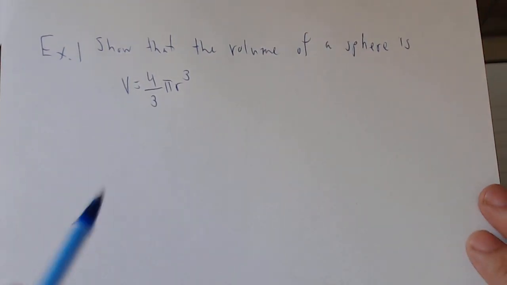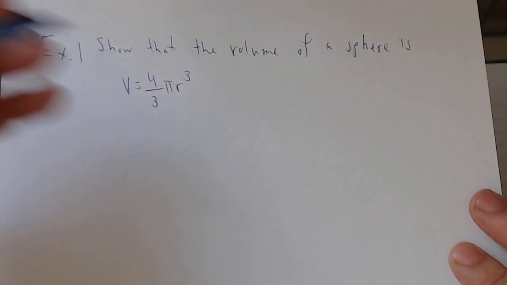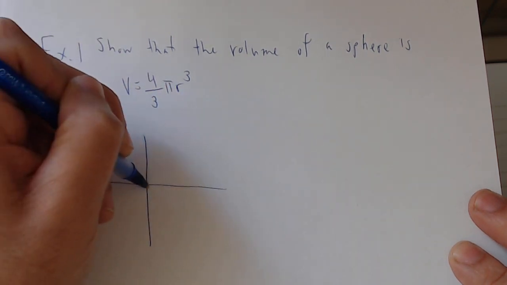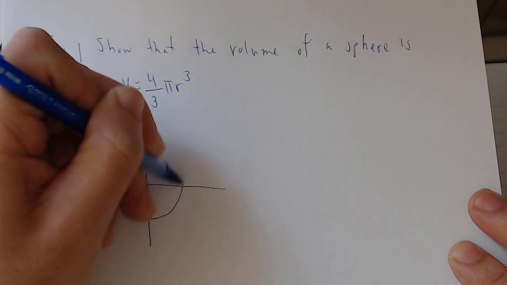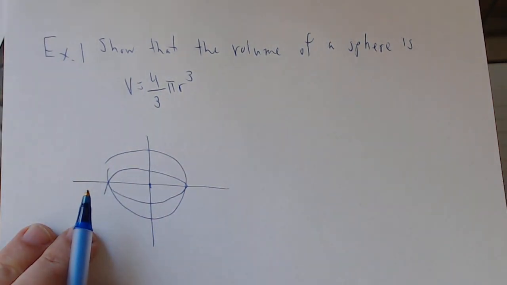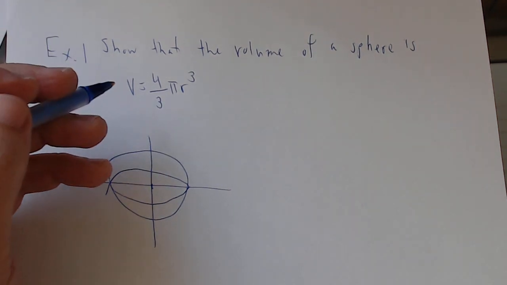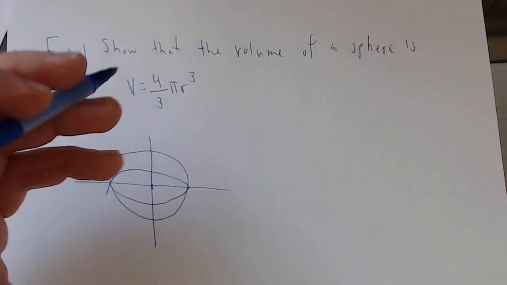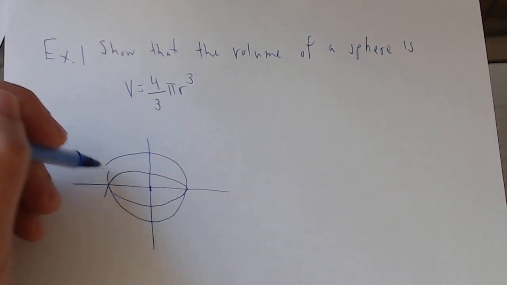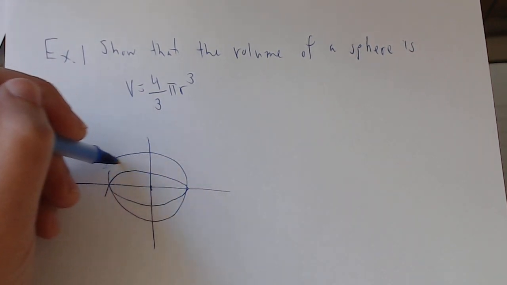So here's what we're doing. Since they don't tell us where the sphere is located, we're better off drawing the sphere with its center at the origin. So here's our sphere. If you look at this, what do you notice? If I take horizontal cross sections, I get circles, which is nice.